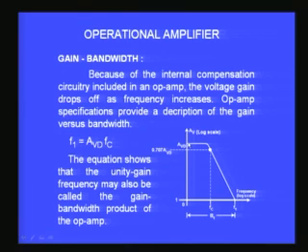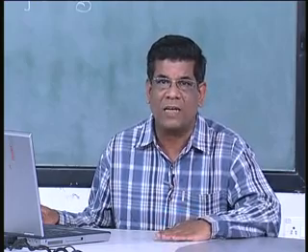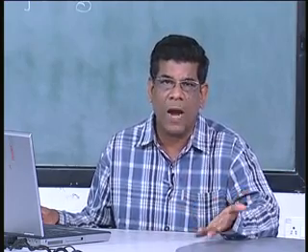Now this is the cutoff point corresponding to open loop gain. So this will be maybe about 10 hertz or something like that. But if you now reduce the gain, instead of 10 power 5 you can get very high bandwidth. I already mentioned to you the gain bandwidth product is a constant.